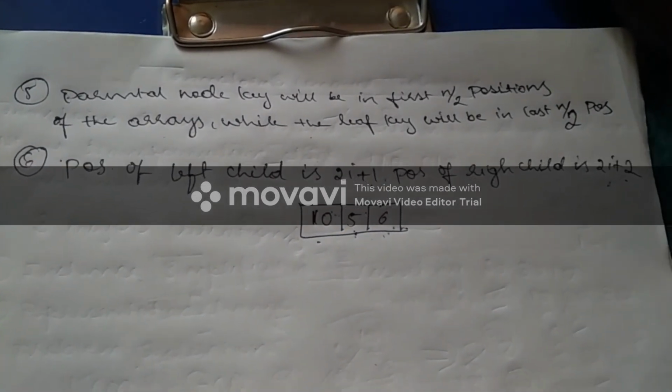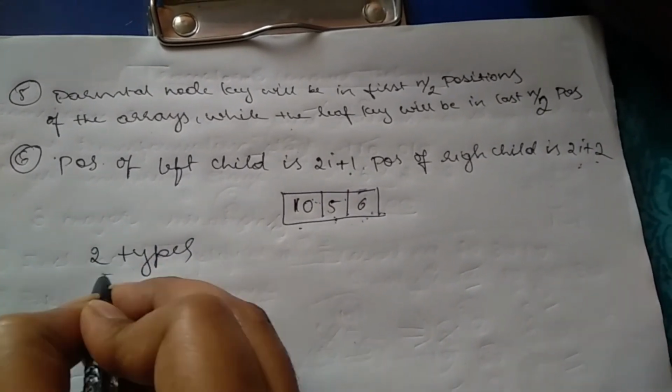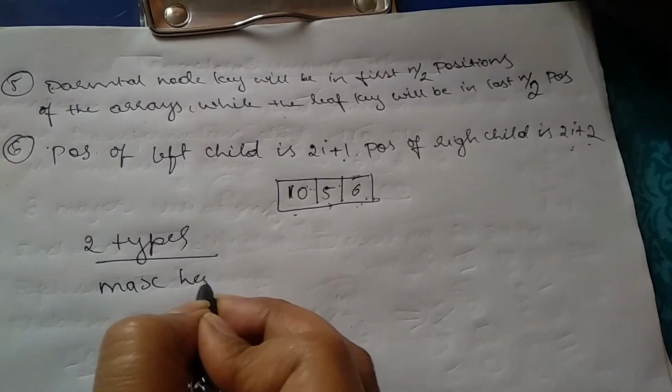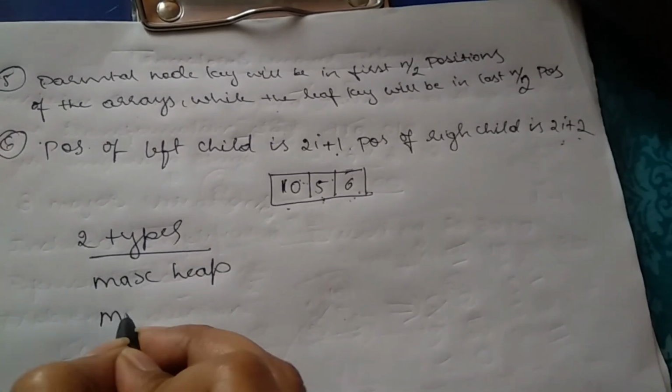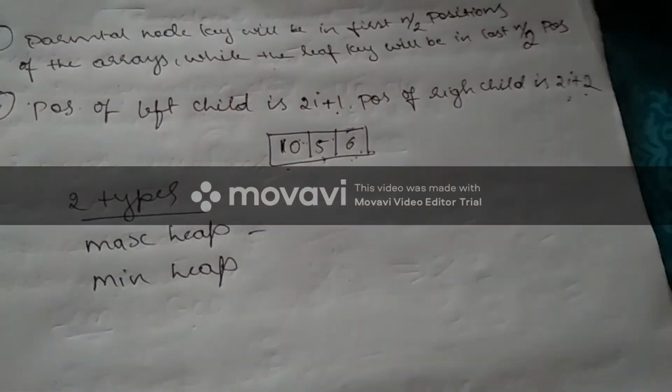Okay, now in this heap we have two types. What are the two types? Max heap and then min heap. What do you mean by max heap?